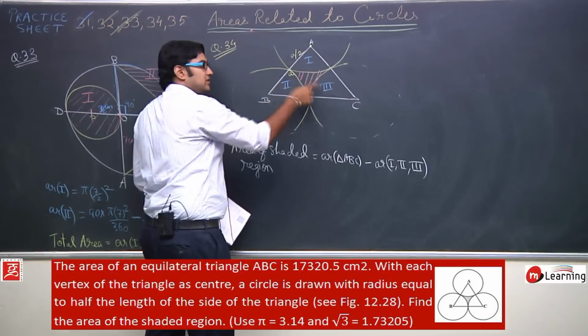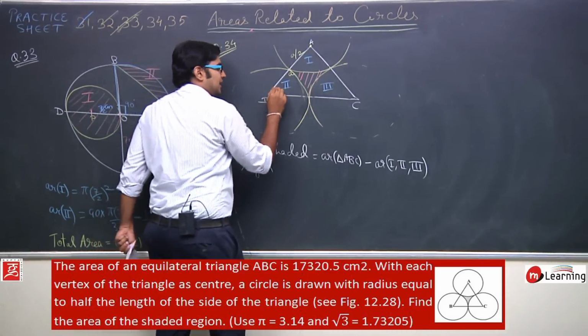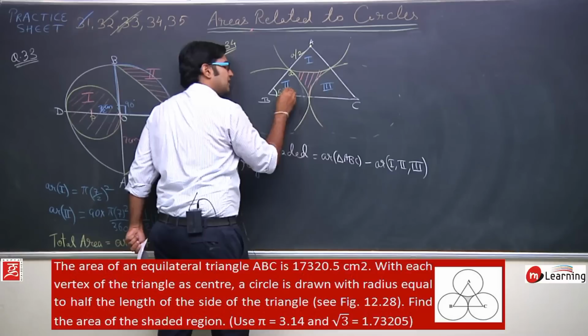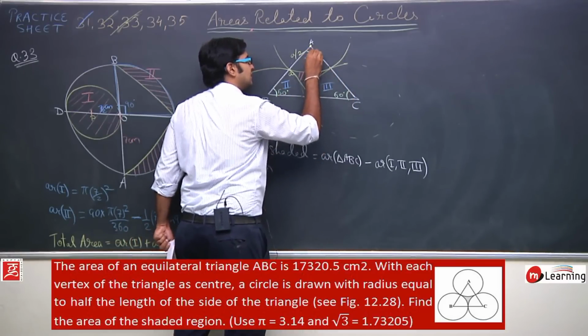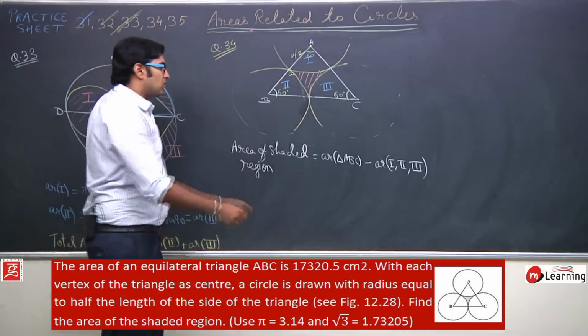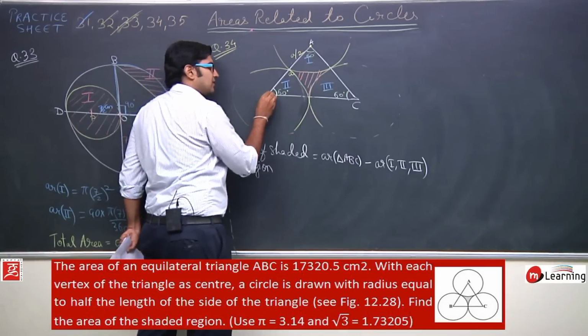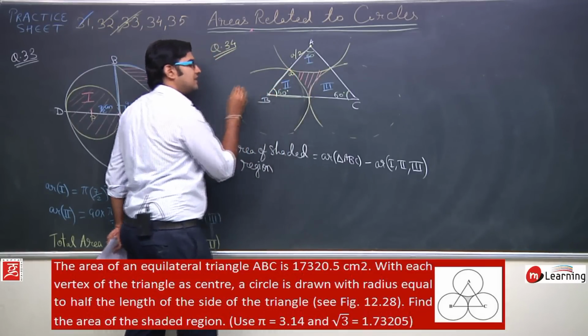In these 3 regions, we can see that this angle is 60 degrees, this angle is 60 degrees, and this angle is 60 degrees. Why are they 60? Because it's an equilateral triangle. Now, if B is the center, then definitely this line is the radius and this line is the radius.